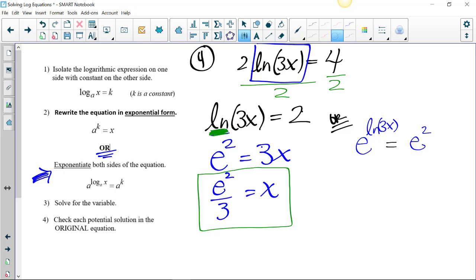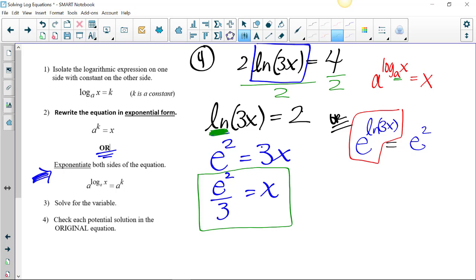This is a nice review of those inverse properties again. This is one of those inverse properties which says, because exponential functions and logarithmic functions are inverses. So one is undoing the other. So the property says a to the log base a of x is equal to x.